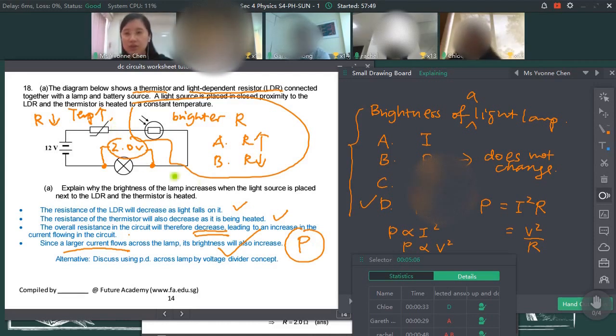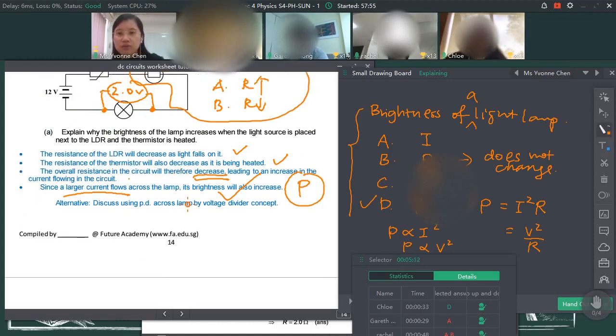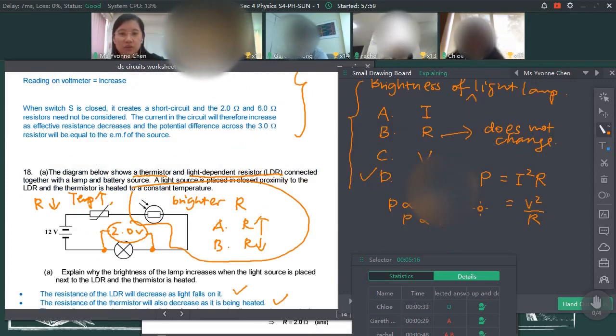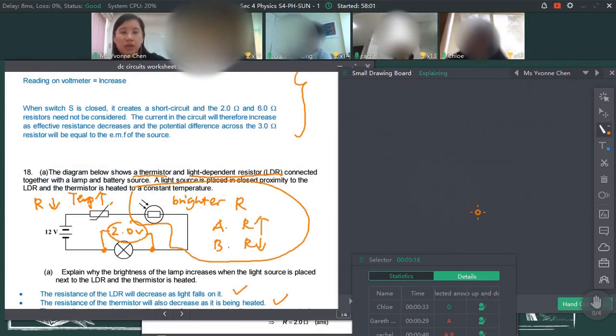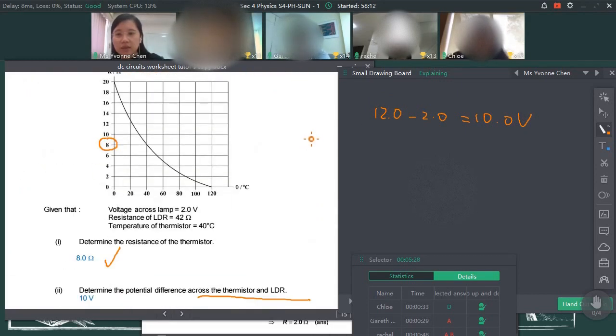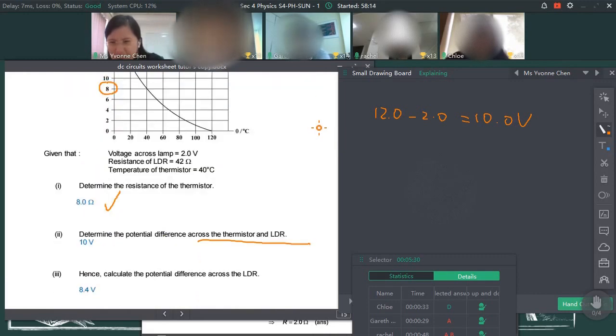You look at the diagram here: 12, 2. You may want to use 12.0 minus 2.0 to get 10.0 volts. That's the working for part C.